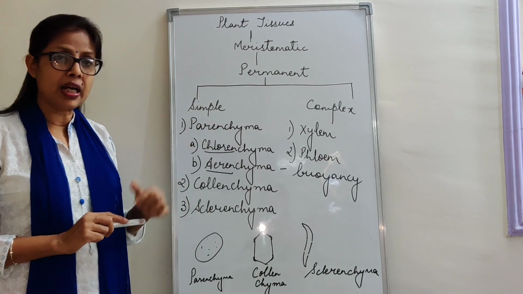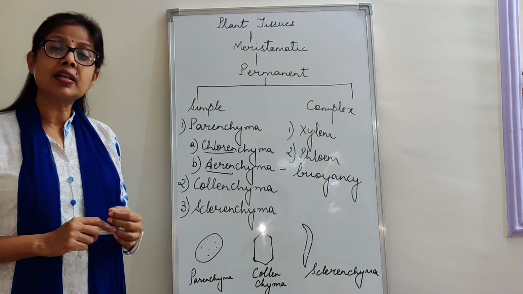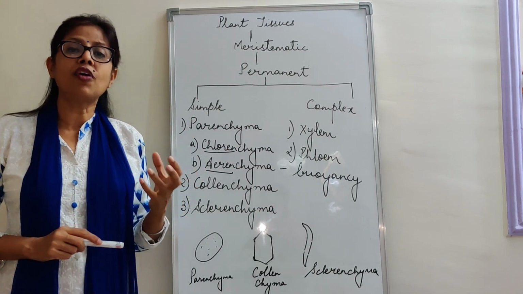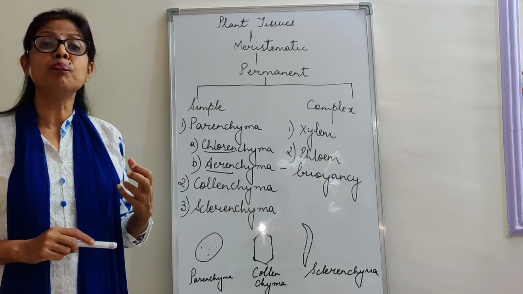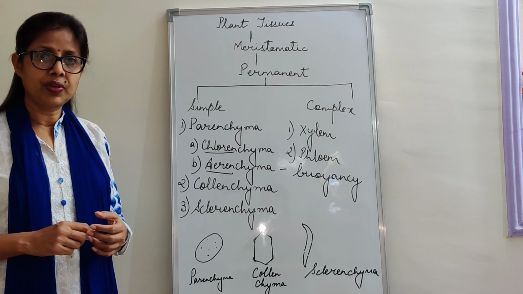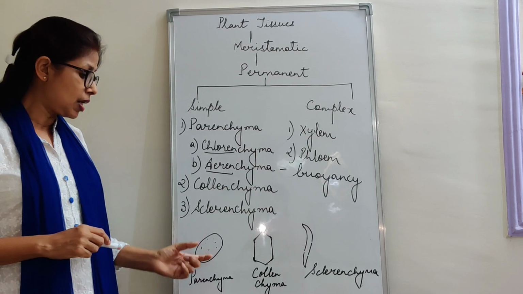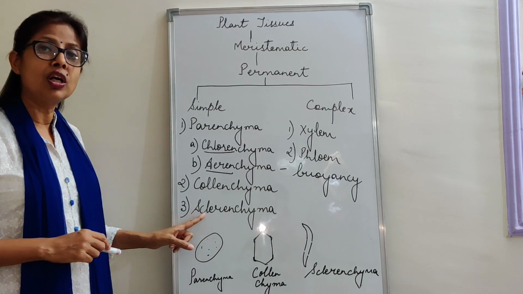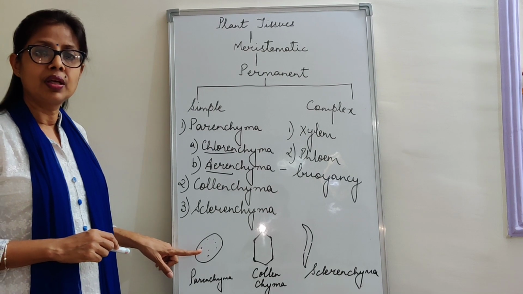First, parenchyma. The basic function of parenchyma is to make food and store food for the plant. The cells of this parenchyma are thin-walled, which you can see here.